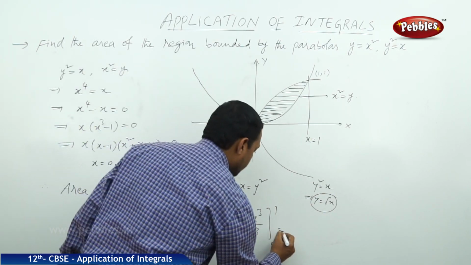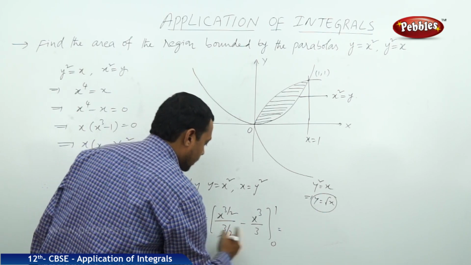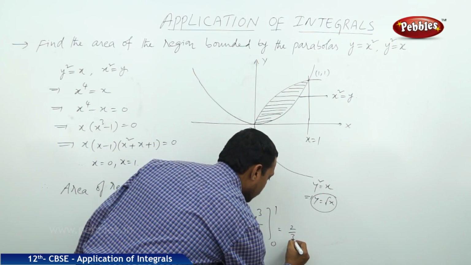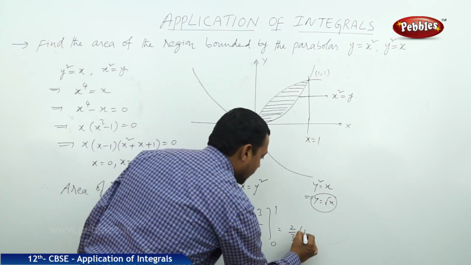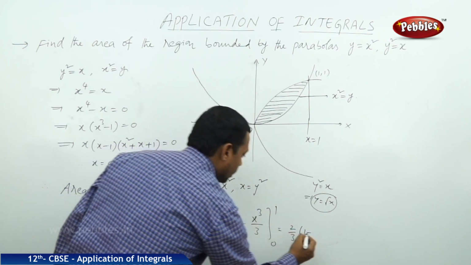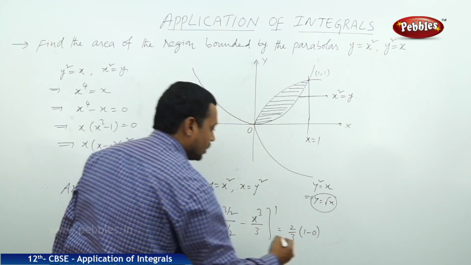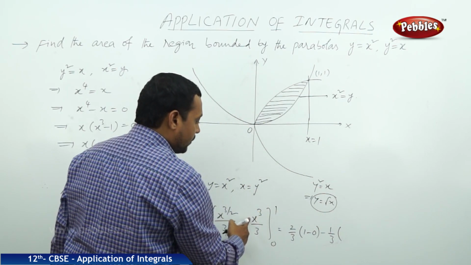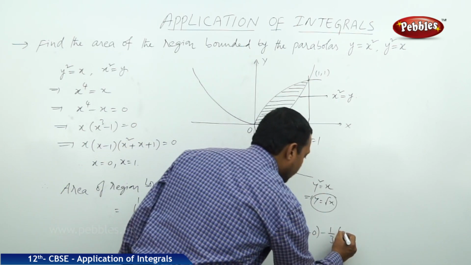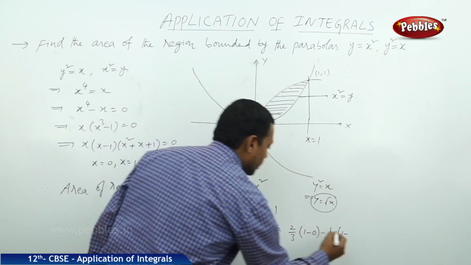Now substitute: it is 2/3 into (1 minus 0), minus 1/3 into (1 cube, which is 1, minus 0).